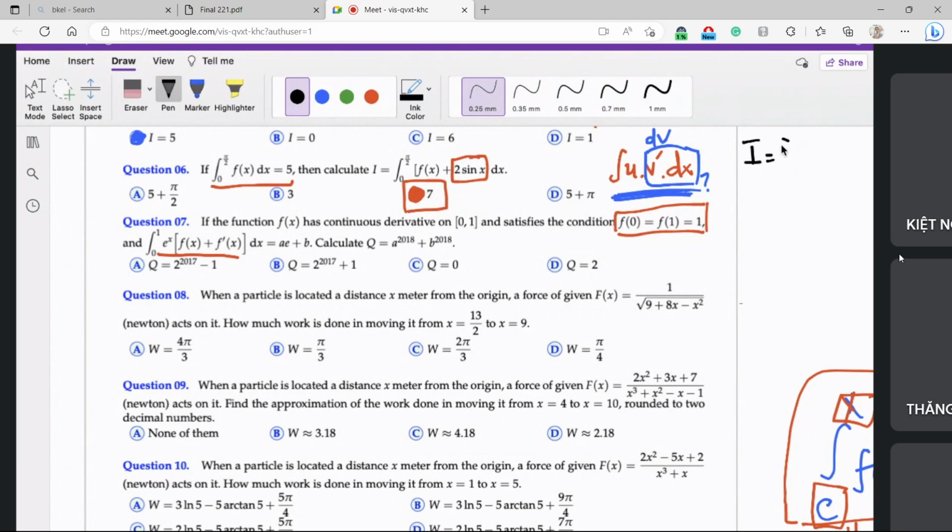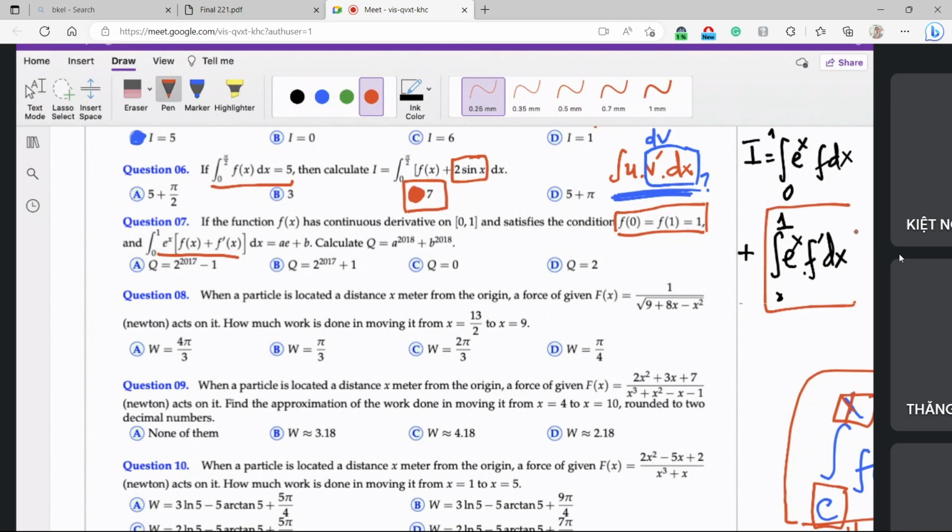It is the sum of the integrals of what? e to x times f, plus the integral of e to x times f prime. And please use integration by parts for the second term. So please try it and tell me the answer.